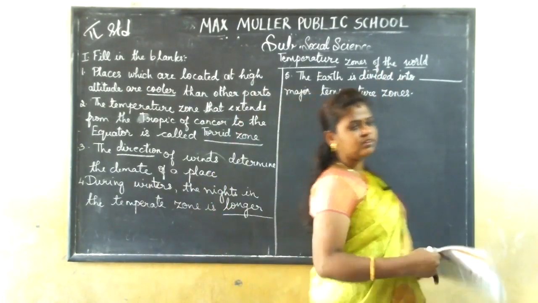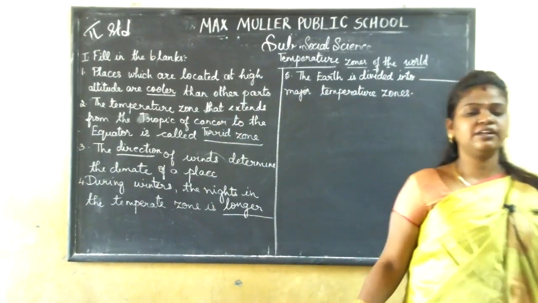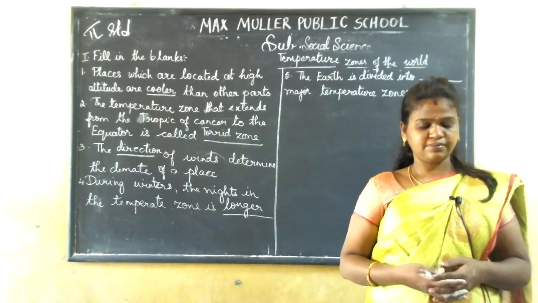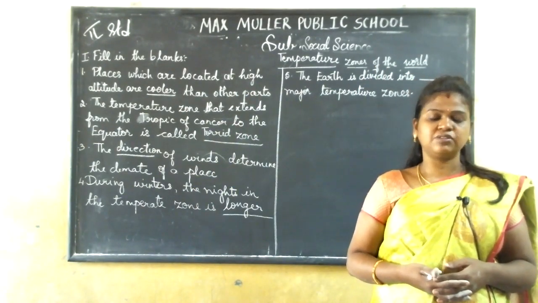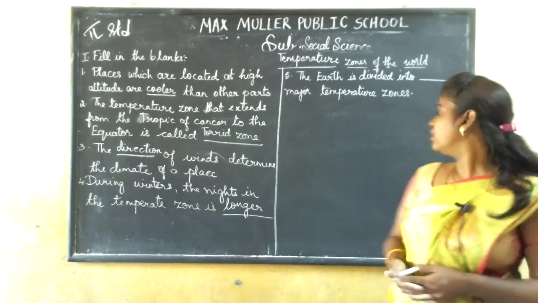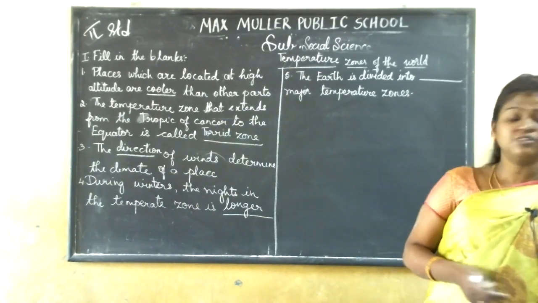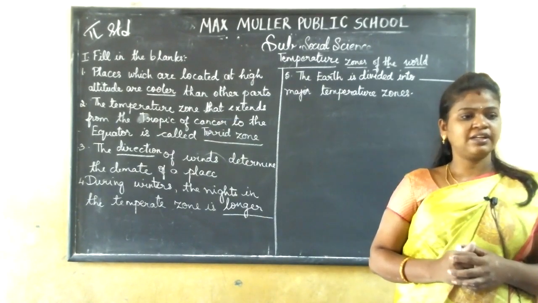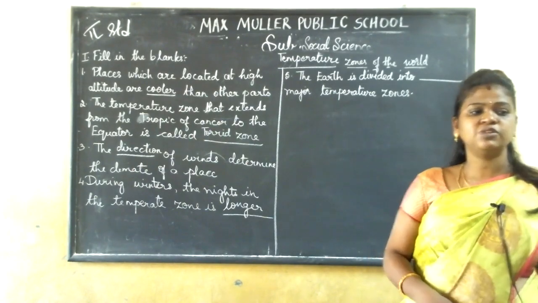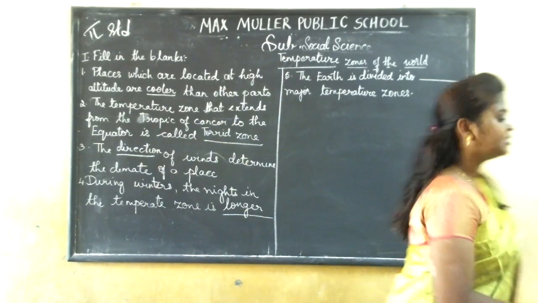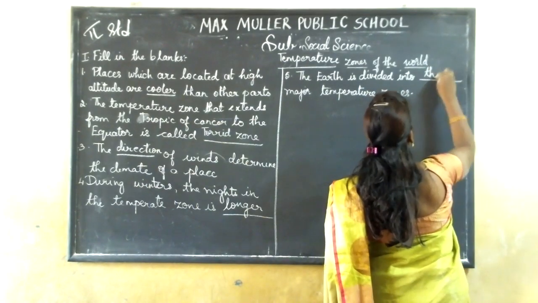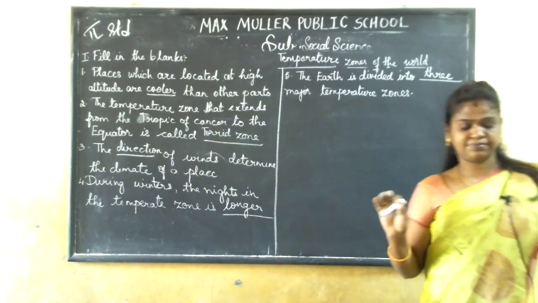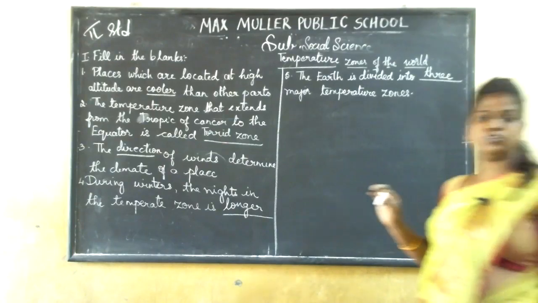So children, when I taught you this, I told you the meaning of temperature zone and the different types of temperature zones. So what they have asked you: the earth is divided into dash major temperature zones. So how many zones are here, children? There are 3 major temperature zones.